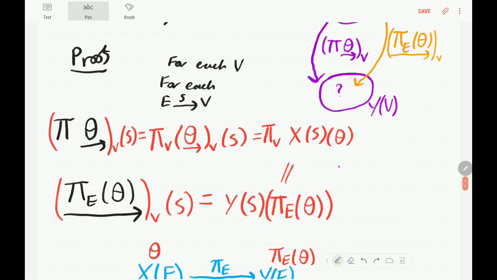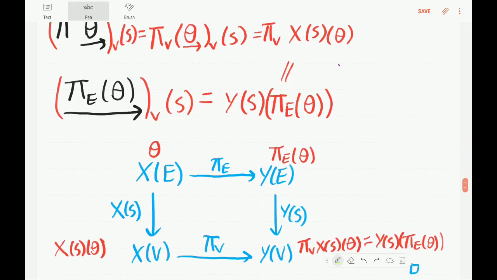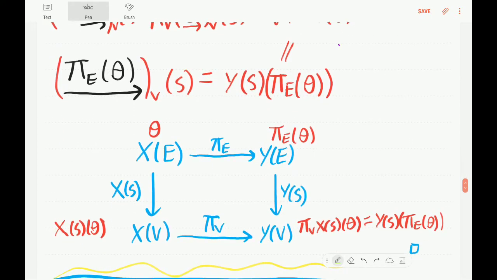Why? Well, this happens because of the naturality of pi, because pi is a natural transformation. What do I mean? Well, I said it was a natural transformation from this functor X to this functor Y, that means this square has to commute.